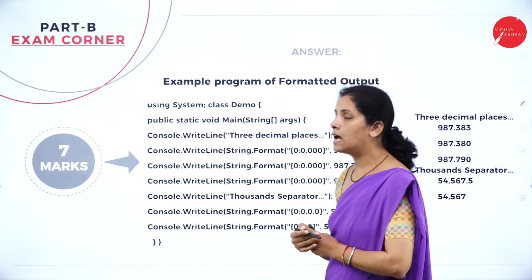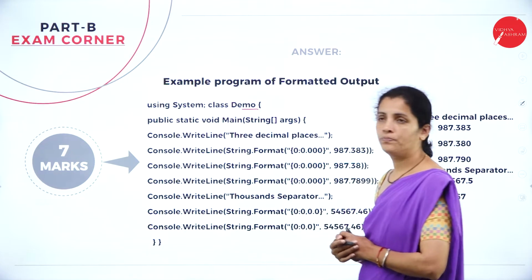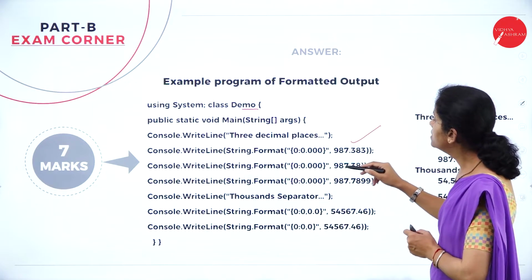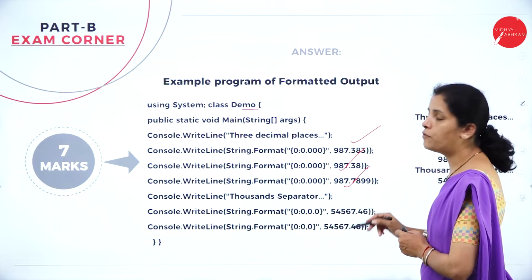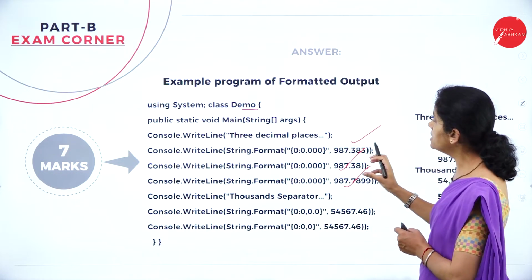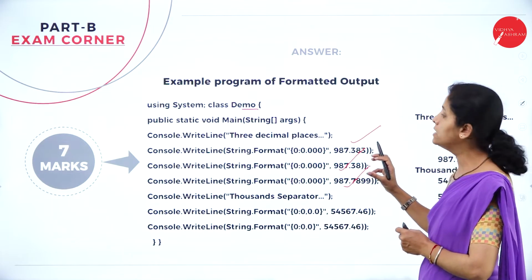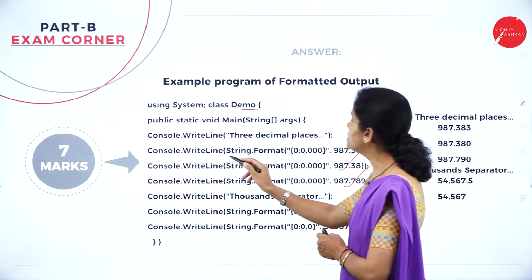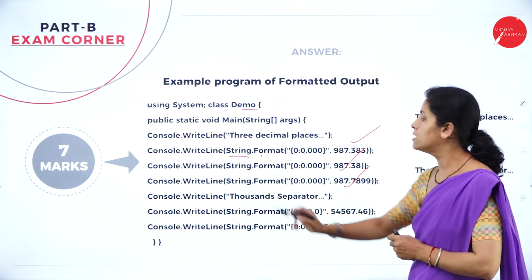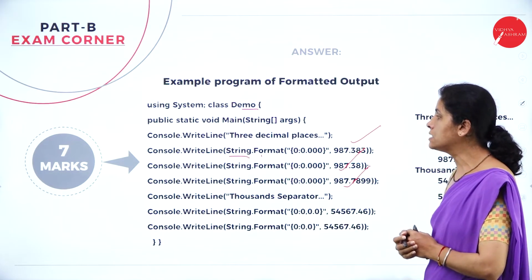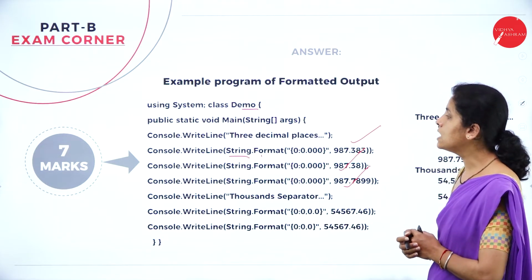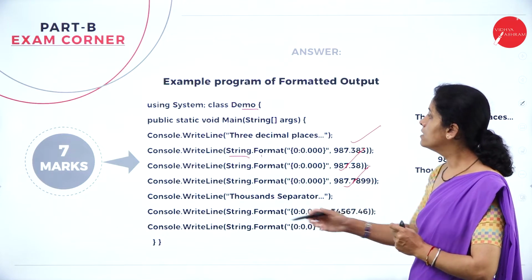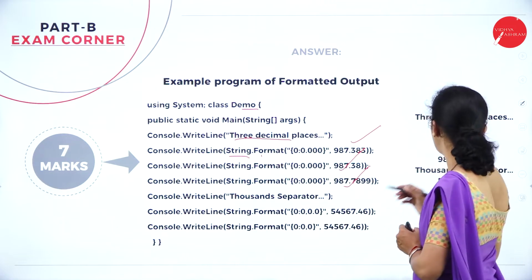Now let me discuss the program here. What is my class name? That is Demo. Inside this, I have some numerical values and I want to represent them in terms of standard numerical format. So string.Format. Here also I am going to specify string.Format. I want to format this with 3 decimal places.